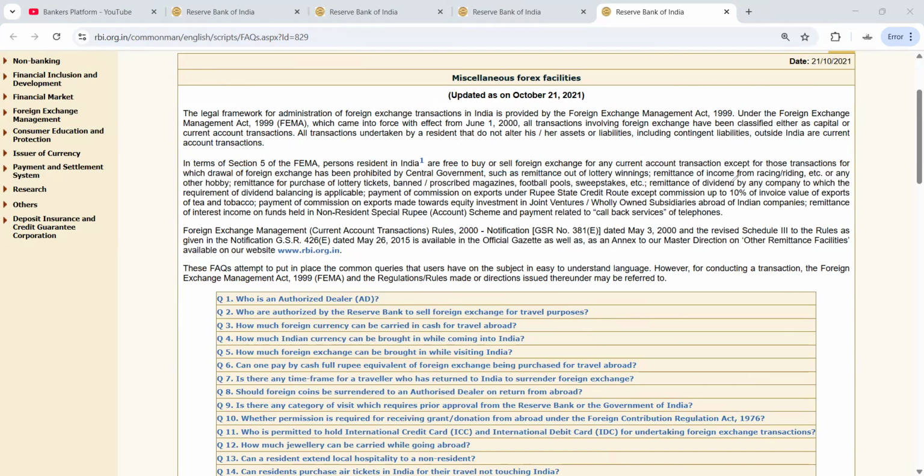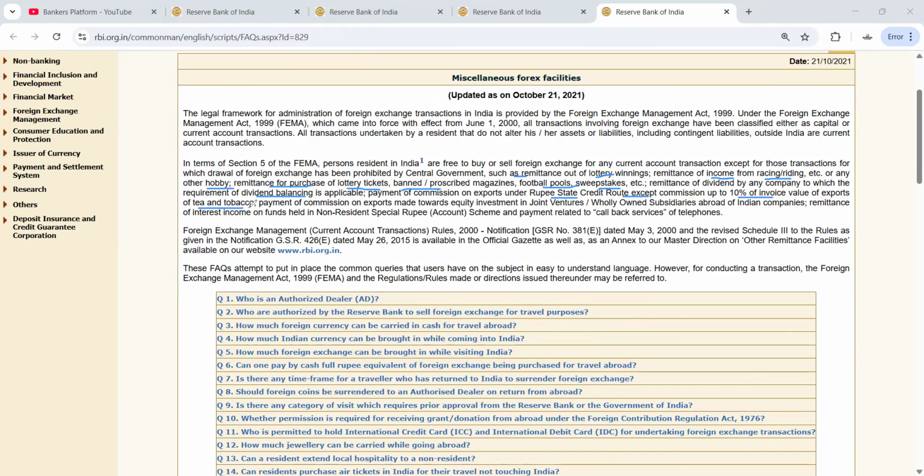So what are the things which are prohibited? First is lottery winnings, remittance of income from racing or riding or any other hobby, remittance for purchase of lottery tickets, banned or proscribed magazines, football pools, sweepstakes, etc. Remittance of dividend by any company to which the requirement of dividend balancing is applicable, payment of commission on export under the rupee state credit route, except commission up to 10% of invoice value of export of tea and tobacco.